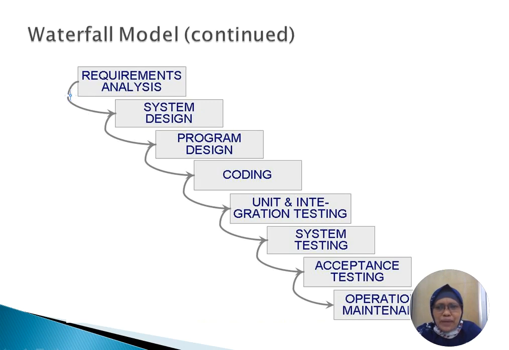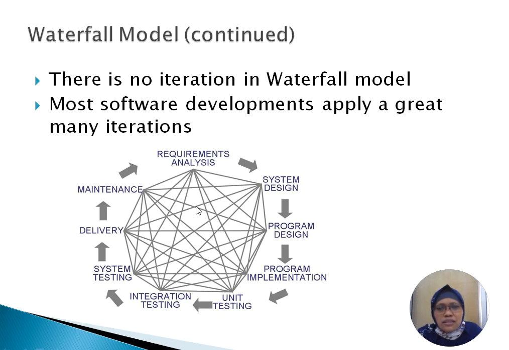So the main steps in the waterfall model are requirement analysis, design, coding, testing, and also maintenance. Most models only have five main steps in the software process.